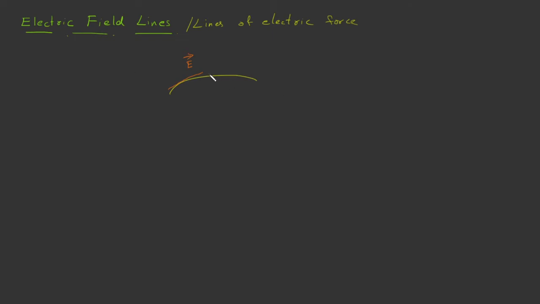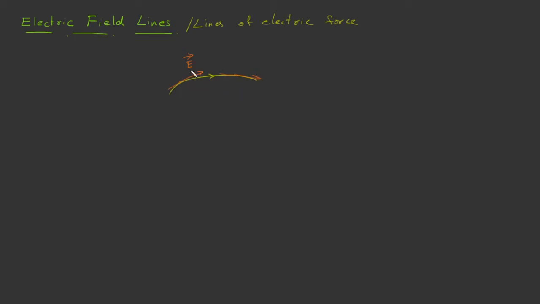An arrow is drawn on the electric field line to show the direction of the electric field at that point. So we can say the net electric field at this point is in this direction, at this point is in this direction, like that. So the tangent at each point gives the electric field at that point.